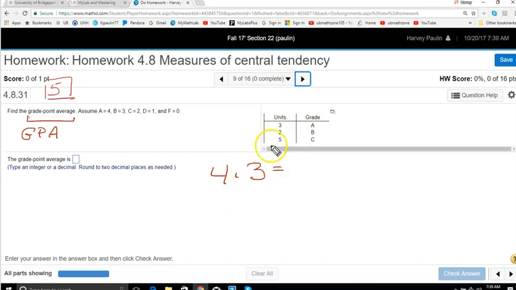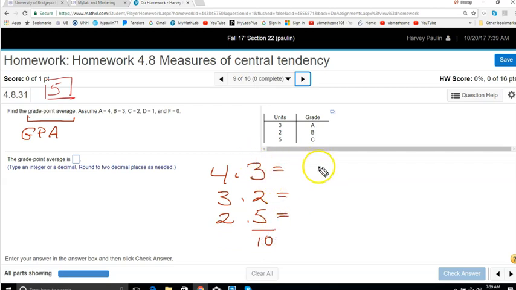We have 2 units of B's that are worth 3 points. We have 5 units of C's that are worth 2 points, and that's what we have. So keep in mind here, this is going to be 10 units altogether.